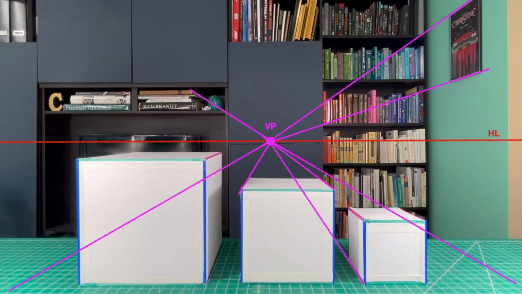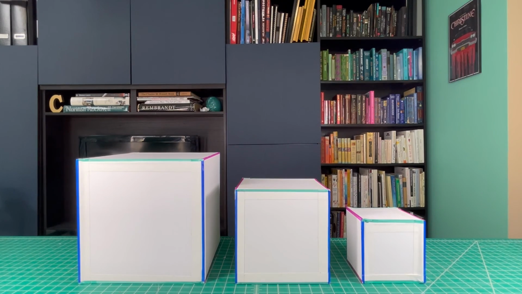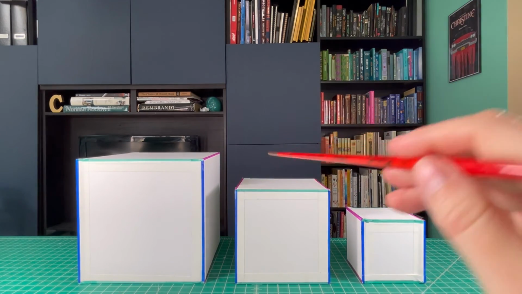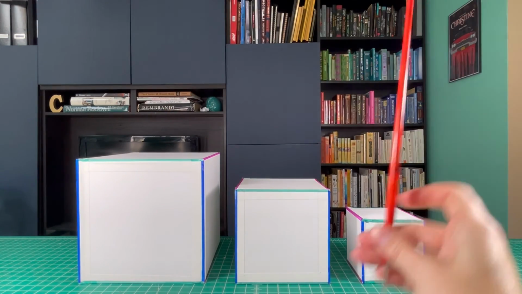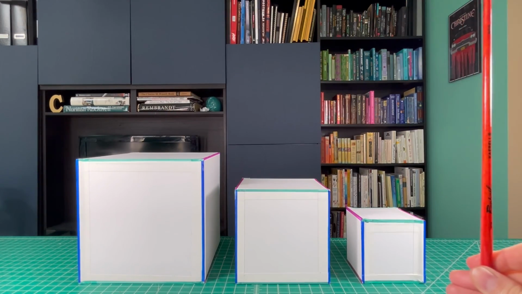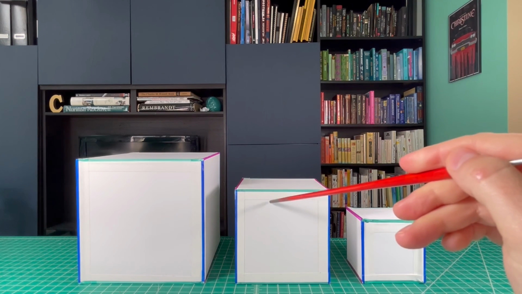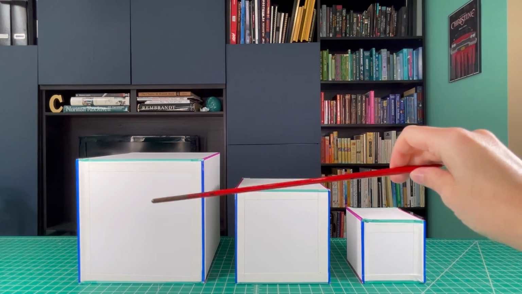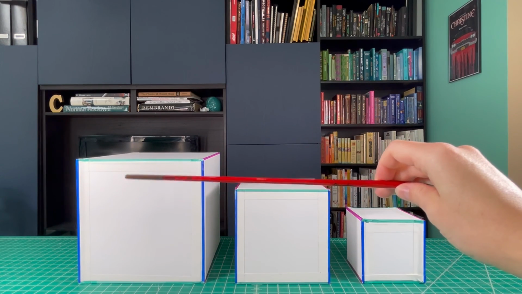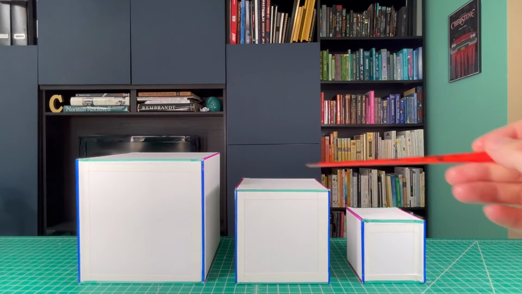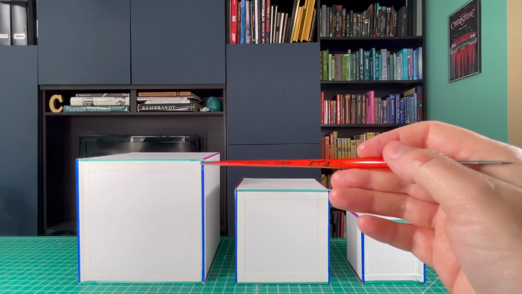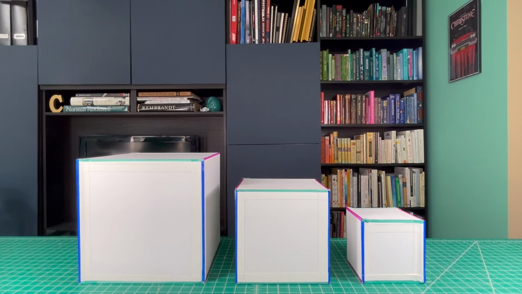We have deduced this room is in 1-point perspective because our line of sight is eye level, because our vertical lines are all vertical. Since these cubes are facing us, the horizontal lines are horizontal. And that leaves only one set of receding lines in this entire room.